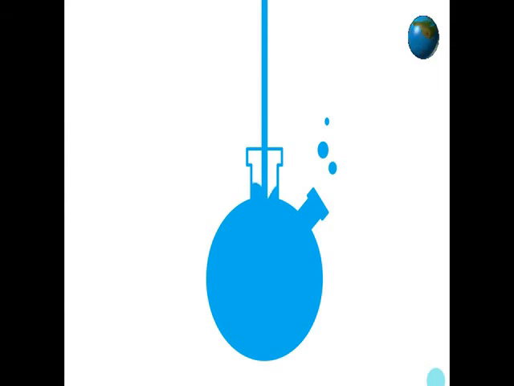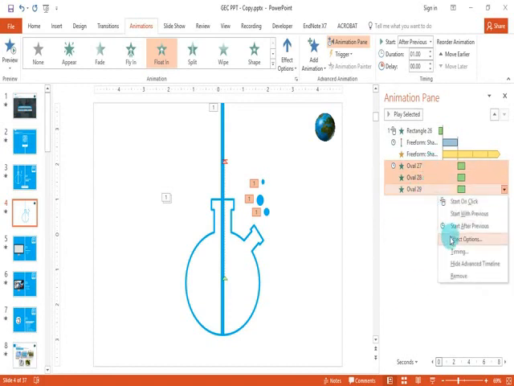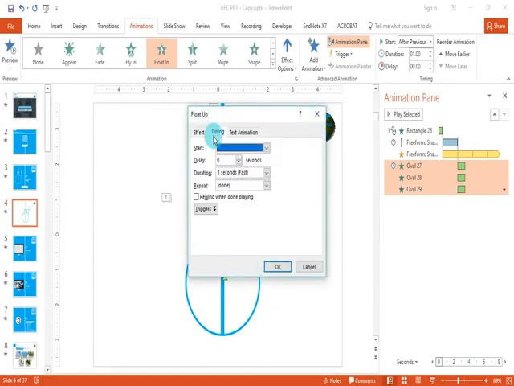Now the only final step remaining is that these bubbles are not moving automatically back and forth. So how to make it? Select all these ovals in the animation pane, right click, go to the effect options, select timing, and rewind when done playing, click on this radio box, or secondly you can click on the repeat drop down and click on this option until the end of the slide.